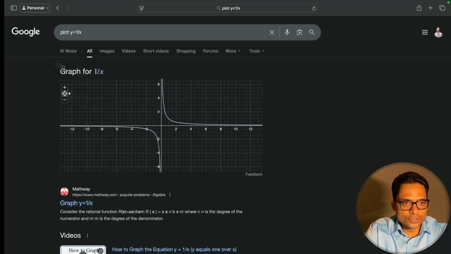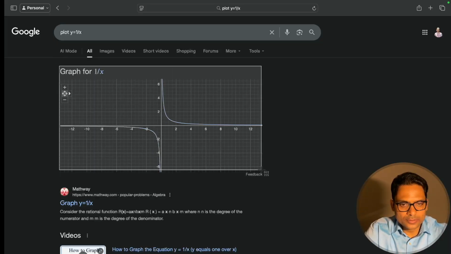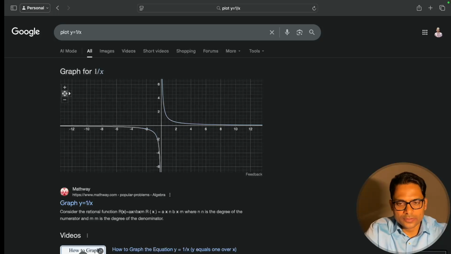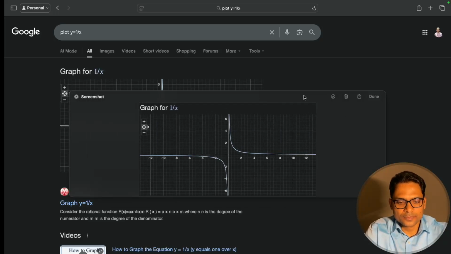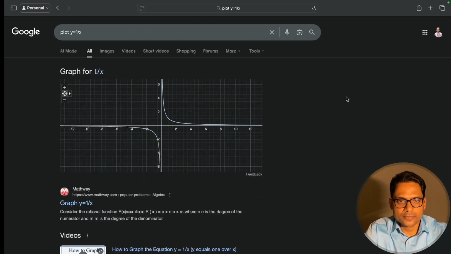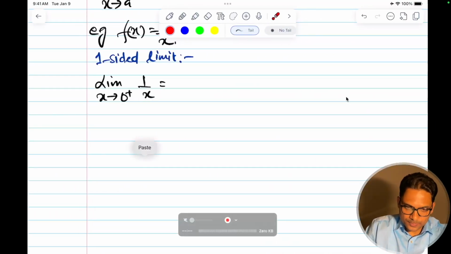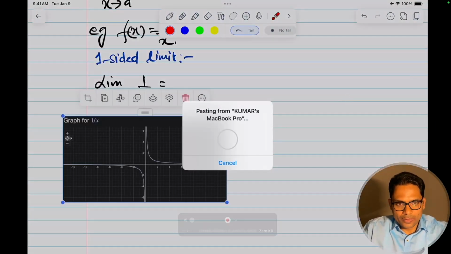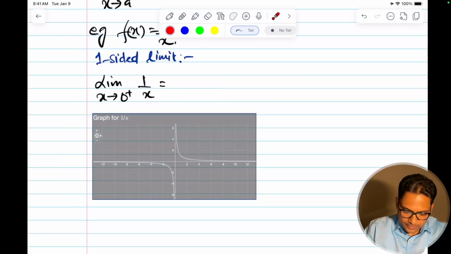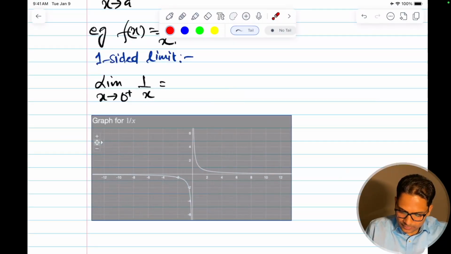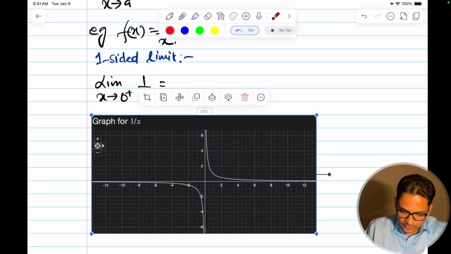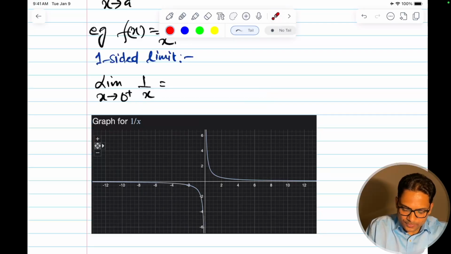Let's take a screenshot and I'll put it on the sheet itself. This is nothing but the graph for your f of x.